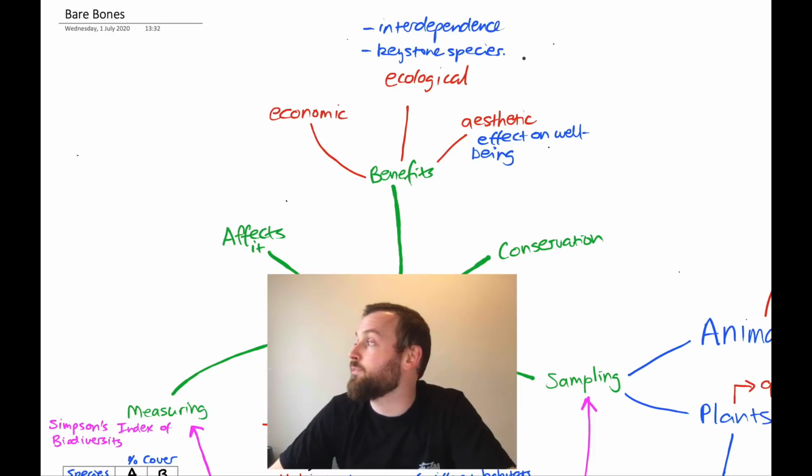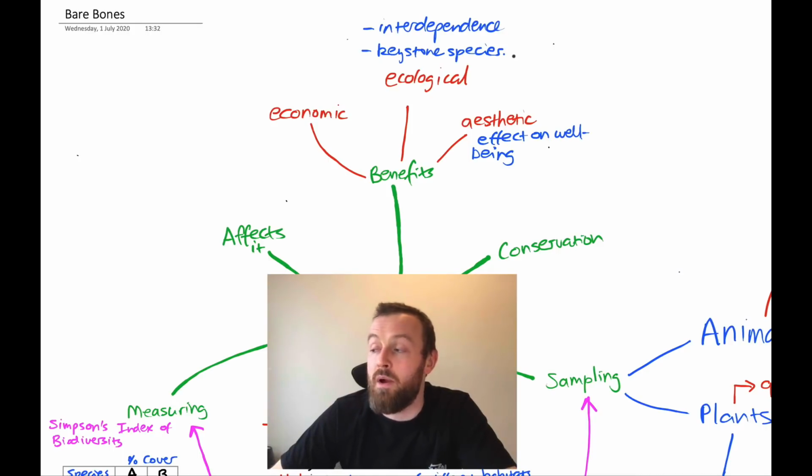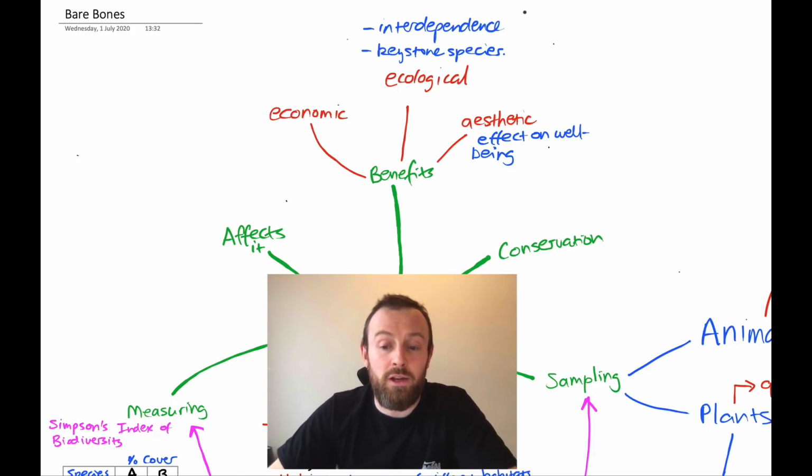Interdependence is the idea that ecosystems are complex systems, and if you take out one part, it might not affect it. If you take out two parts, it might not affect it. But sooner or later, if you keep taking parts out of the ecosystem, it's going to become unstable. I saw an analogy the other day in a film, I think it was, of taking individual screws out of an airplane while it's flying. You can probably lose a screw or two, and it's not going to cause the airplane to crash. But sooner or later, if you remove all the pieces, it's going to crash down.